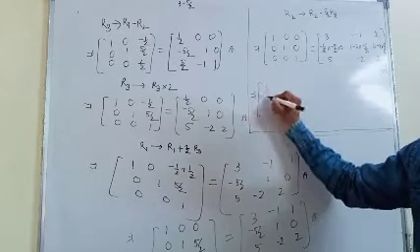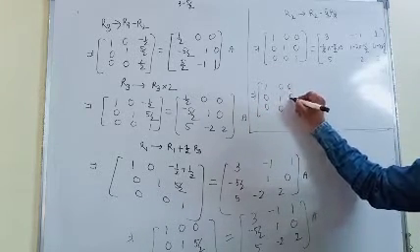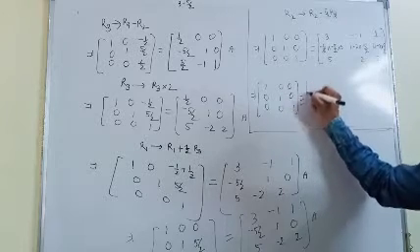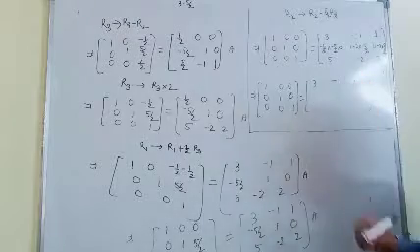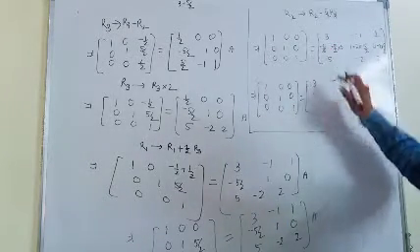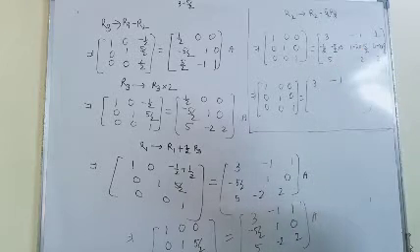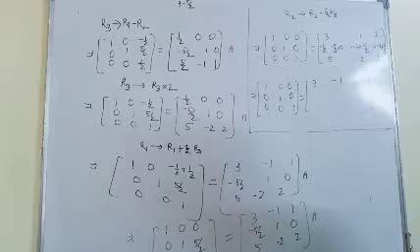This is 1 0 0, 0 1 0, 0 0 1 here, 3 minus 1 1. Just go for this part. What is the operation here? I have written something wrong. This is the one. So what we need to do?